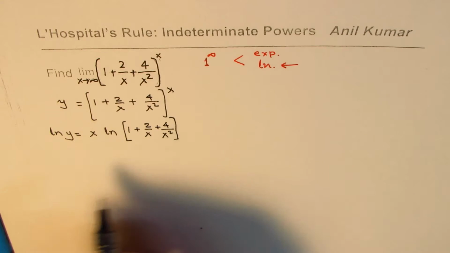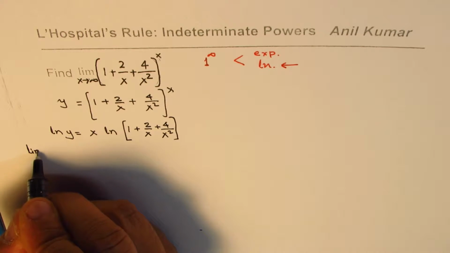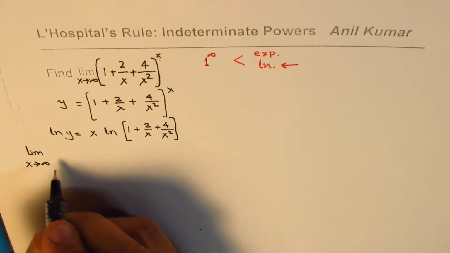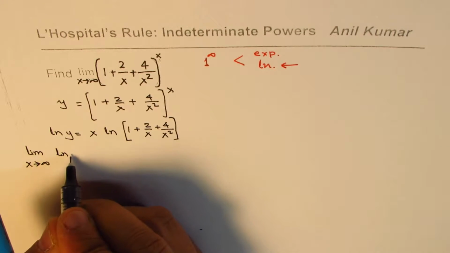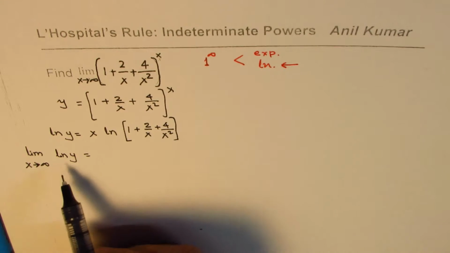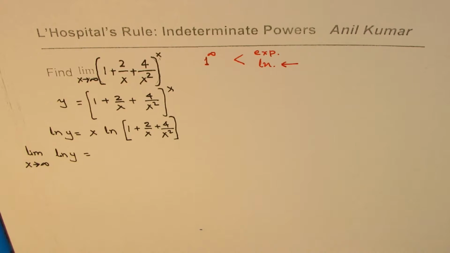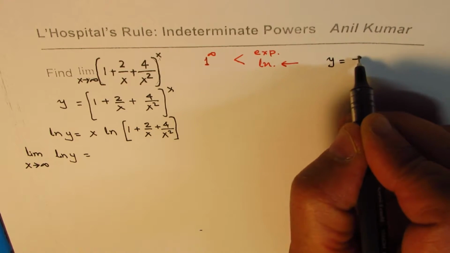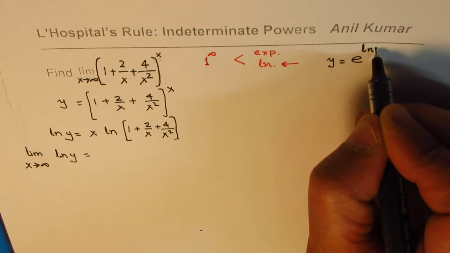We really need to find the limit. The function for us is ln y, so instead of y, we'll find the limit for ln y, and later we know we can always write y equals e to the power of ln y.